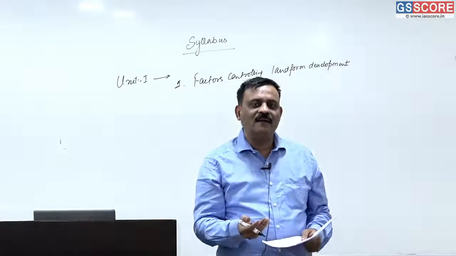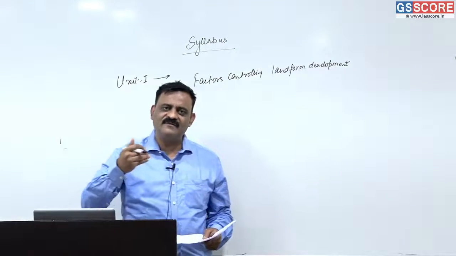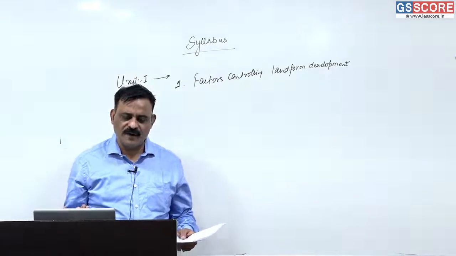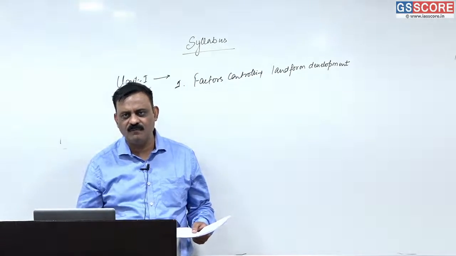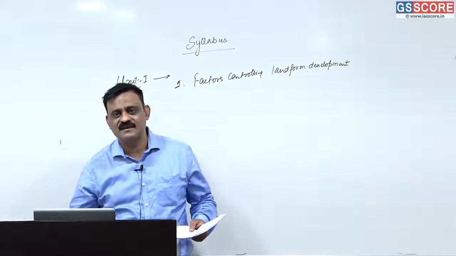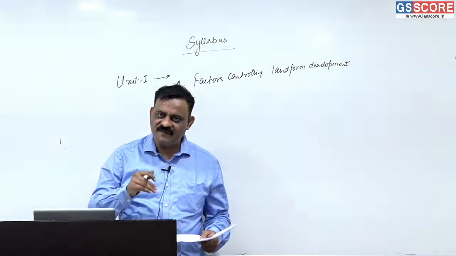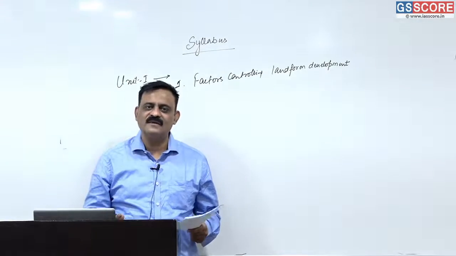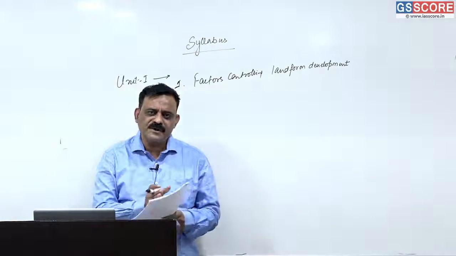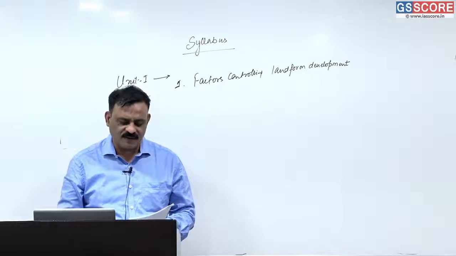Different factors have operated in different periods of time. As a result, we have a spatial variation in landforms and we have temporal variations in the landforms. So different factors have contributed to the development of our landforms, or you can say that a combination of various factors has resulted in the development of a landform.